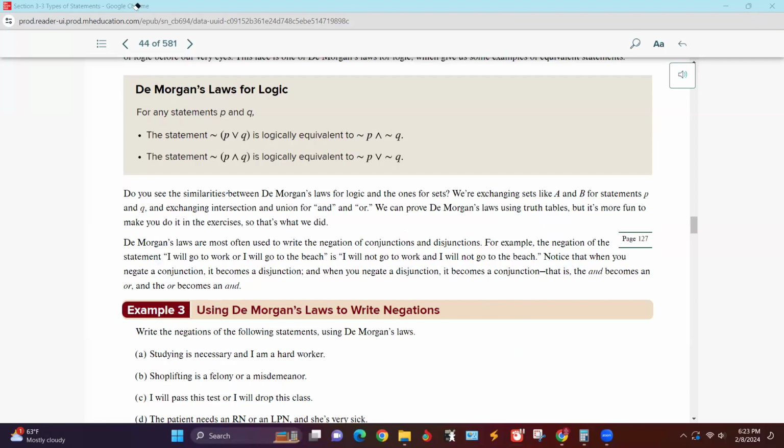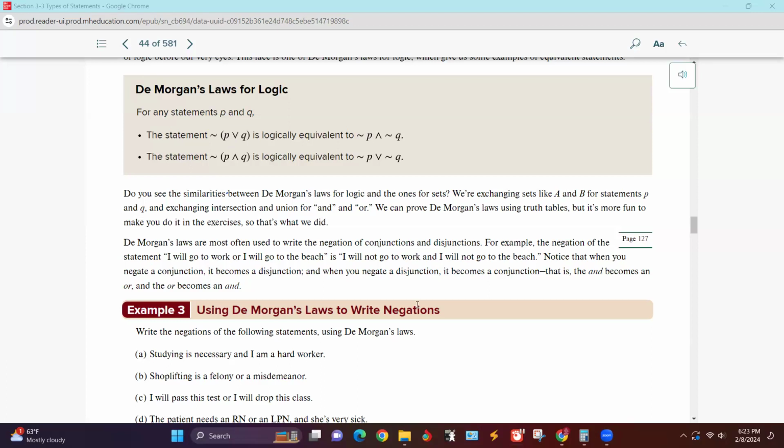Because they're logically equivalent to one another. In other words, not (P or Q) is logically equivalent to not P and not Q. Not (P and Q) is logically equivalent to not P or not Q. So those can help us determine equivalence. And also, because this is negating the whole statement, we can use it to do negations.